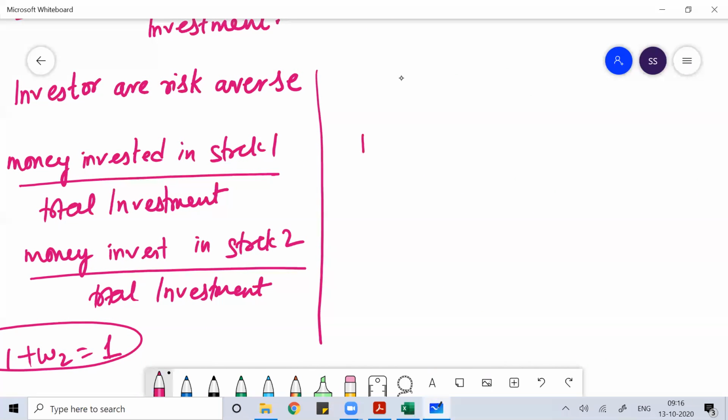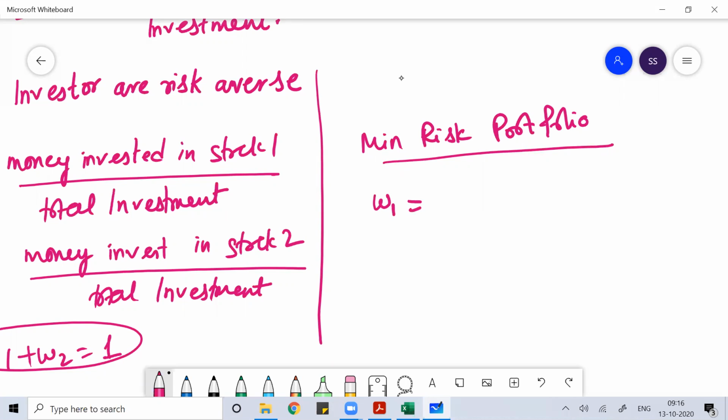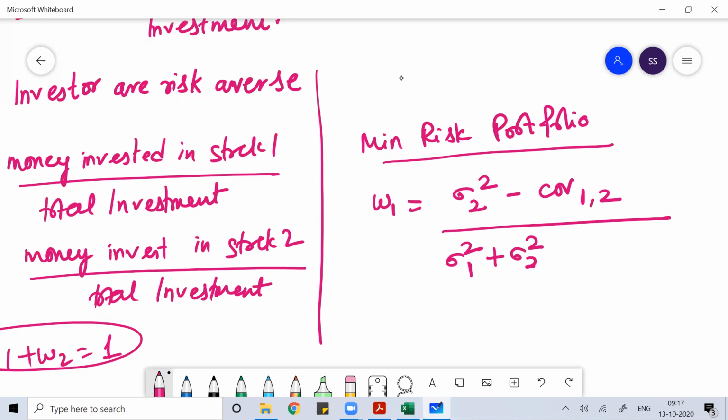For the minimum risk portfolio, yesterday I told you the formula. The weight of money I put in stock A should be equal to the variance of stock B minus the covariance between stock A and stock B, divided by the variance of stock A plus the variance of stock B minus 2 times the covariance of stock A and stock B. Okay, this is the formula you can use.